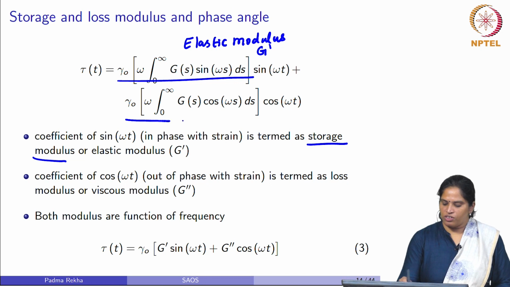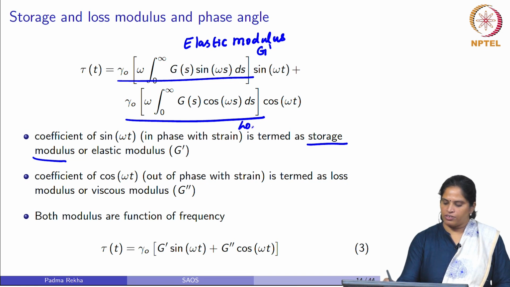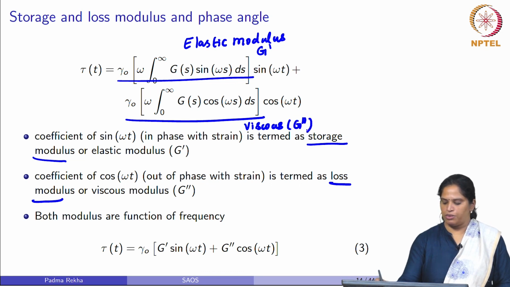And the coefficient of cos omega t, which is an out of phase component with the strain, we call it the loss modulus or viscous modulus, and we represent it using the term G double prime.